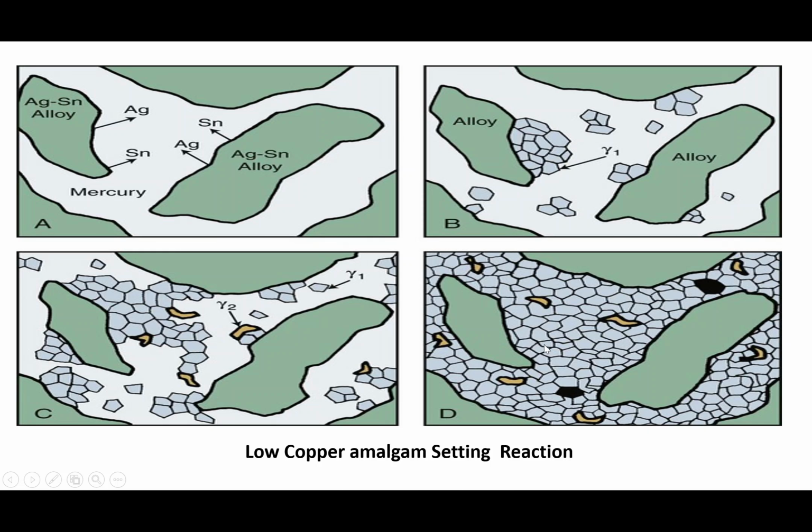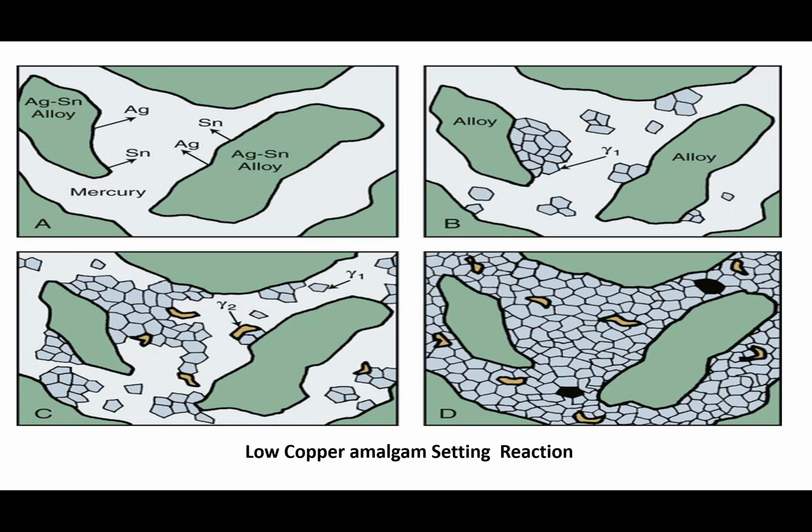Here we can see crystal growth of gamma 1 and gamma 2. The original alloy particle does not react completely with the mercury. 27% of the original alloy particle remains unreacted.